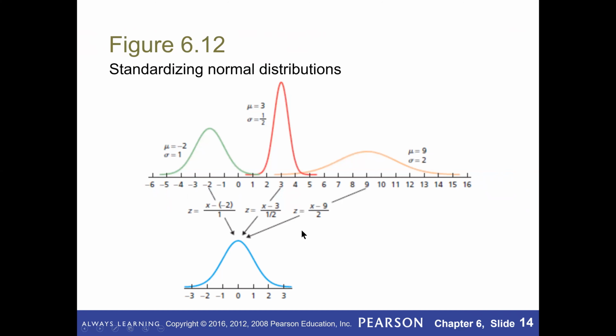By subtracting mu from X and dividing by its standard deviation, you get the Z here. So all these 3 can be standardized to the standard normal distribution. This one below is the standard normal distribution, and this process is called standardizing.